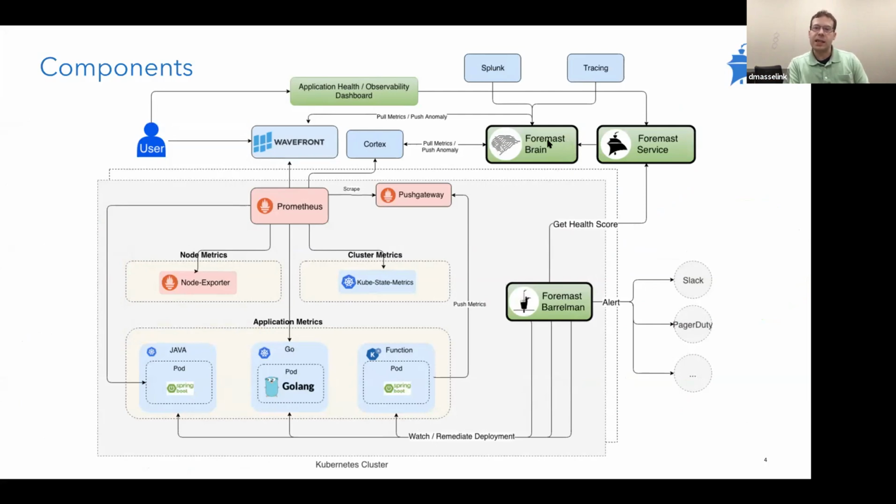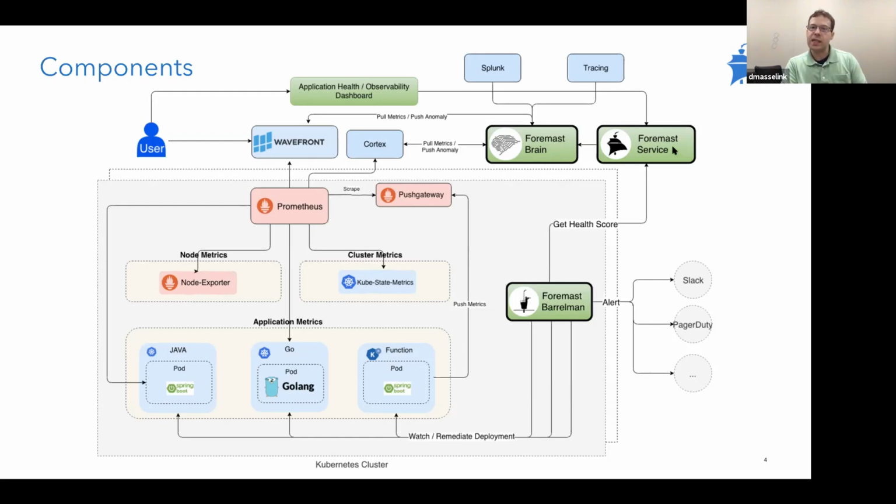The Formast project is broken down into at least 3 or 4 sub-projects. Brain, which is the AI machine learning component to ingest the log data and other monitoring metrics data and make decisions around when something has gone wrong in one of these services.